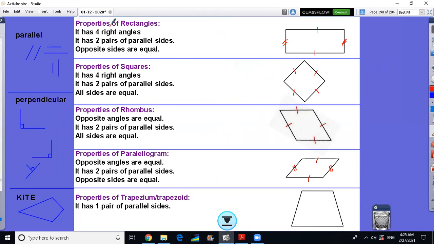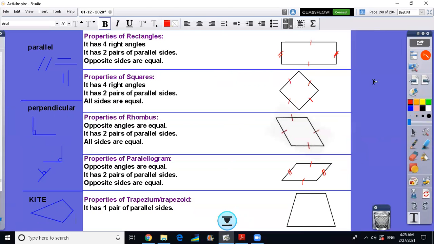All right, we have here some shapes. The rectangle: you must know the properties of a rectangle, it has four right angles. Yes, they might ask you to list the properties of a rectangle, so you need to study this very hard. Just to remind yourself, guys, the first property is always about angles. The second property is always about parallel sides. The third property is always about equal sides.